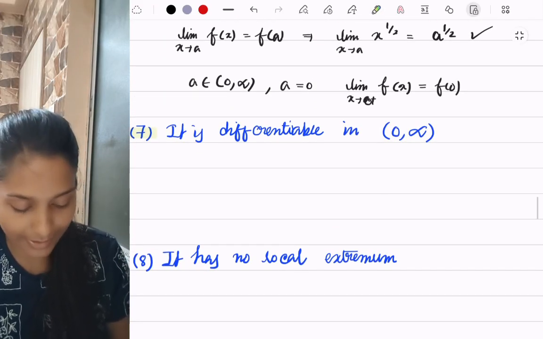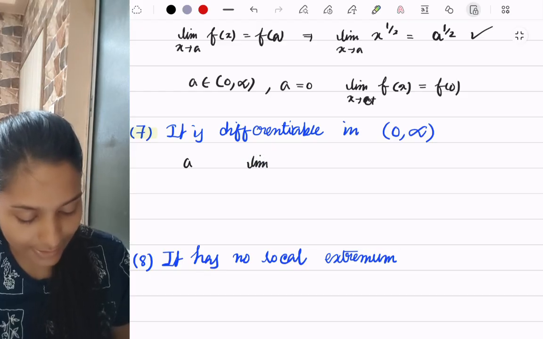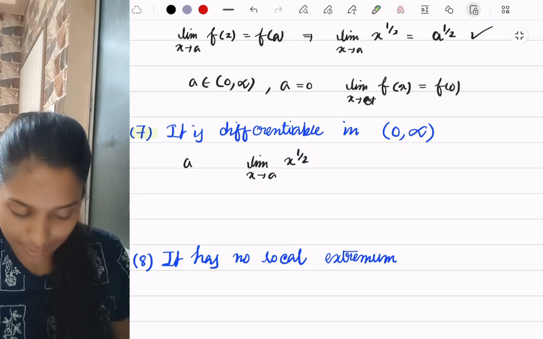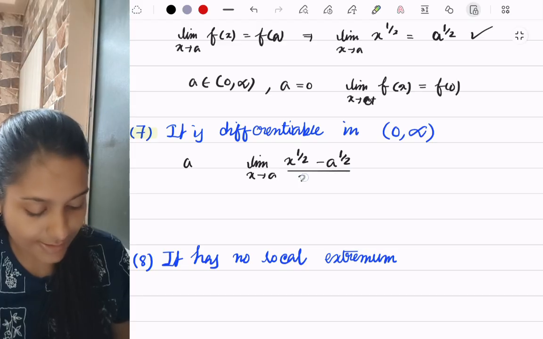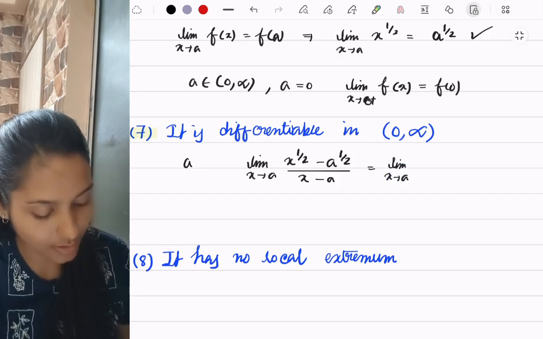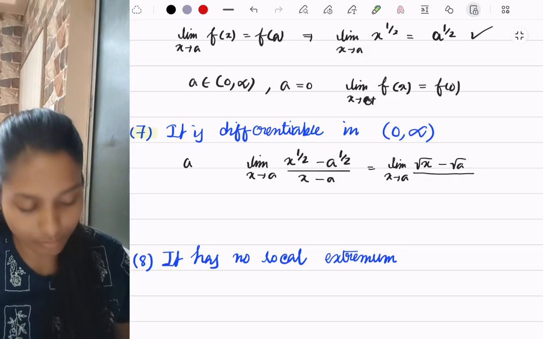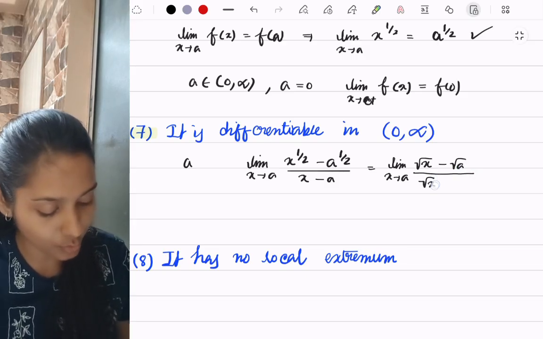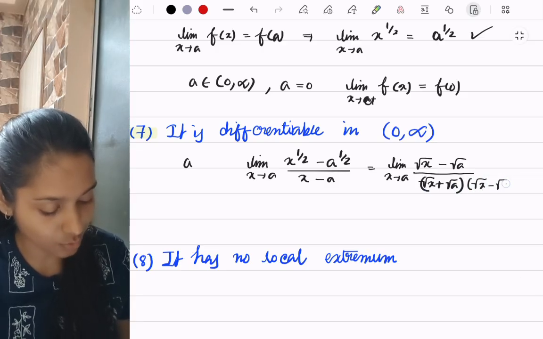So let me take a number a, and we need to see that as x tends to a, x power half, this is f(x), this is f(a), and this is x minus a. So here we can see that limit x tends to a, root x minus root a, and the bottom part can be factored into root x minus root a, root x plus root a.